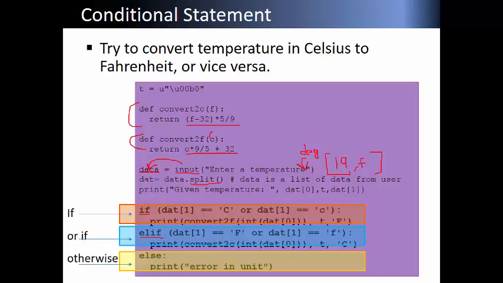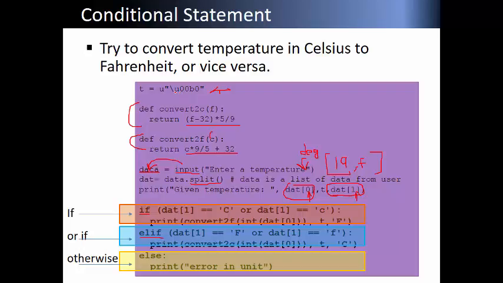So that the first one is index 0, and the second one is index 1. So F is here and 19 is here. See here, if this is a list, then the first element can be accessed by 0 and the second element is accessed by 1. And I want to send this, no, not yet. I want to do this, but T is here. I'm going to explain this.